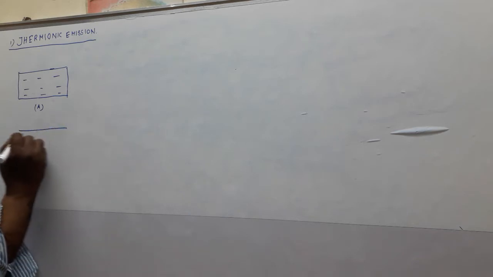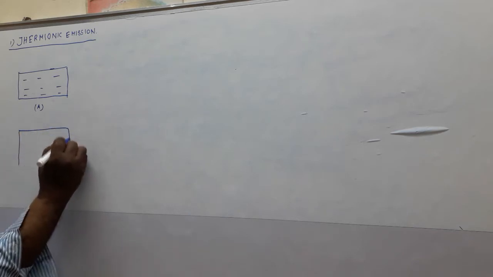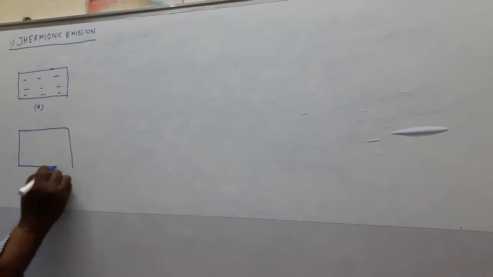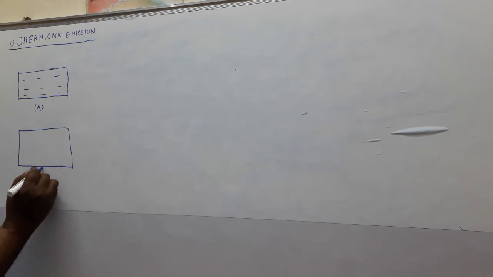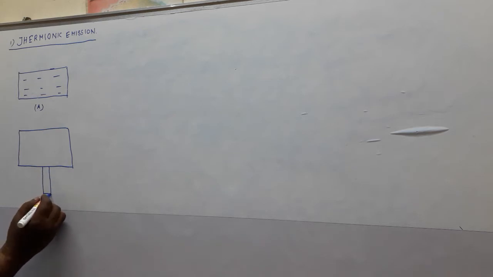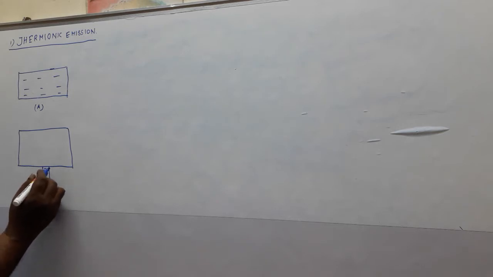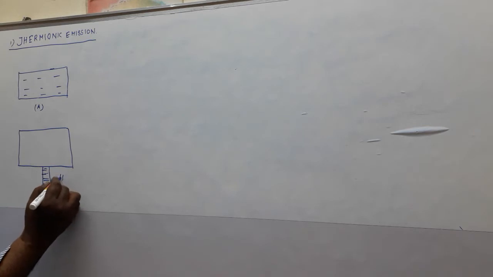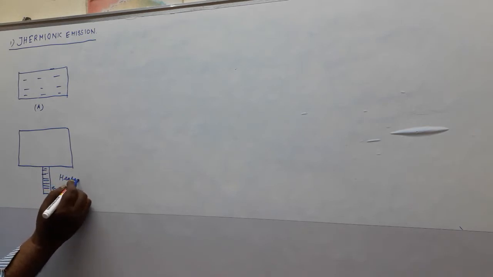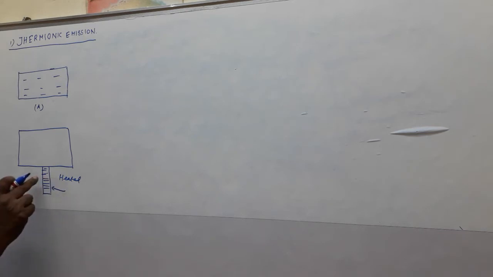Now, when you give an excess of energy by means of a thermal process, that means you are giving external energy and this metal is heated through this rod. Then what will happen?